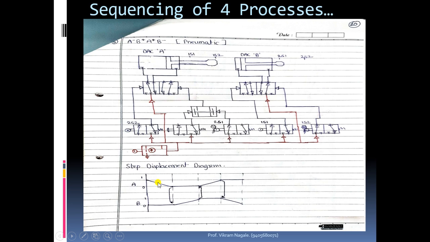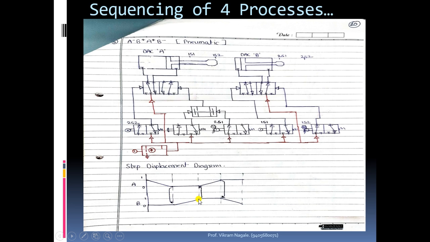So here you can see this is one process in the step displacement diagram. After completion of the first process, we are taking feedback from that point, and we are giving that signal to the next component, because of which this process will start and it will end here.